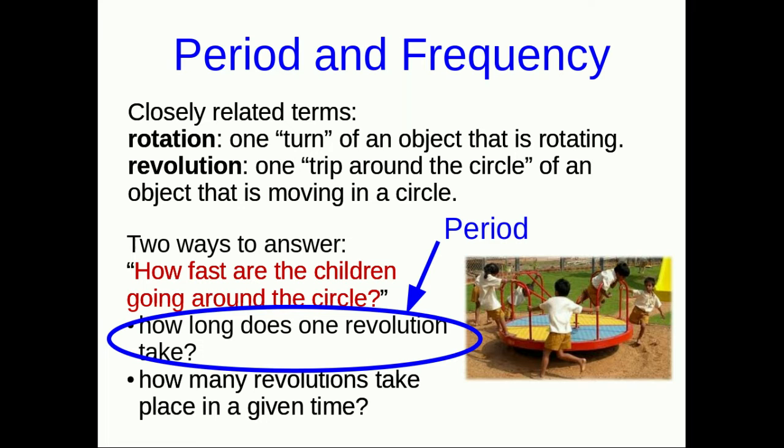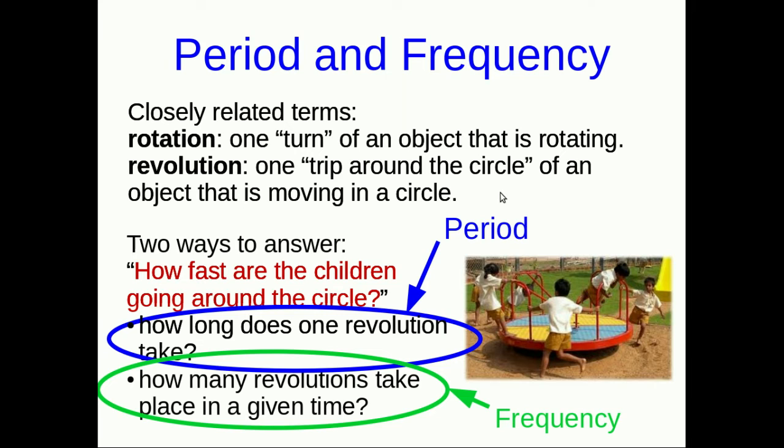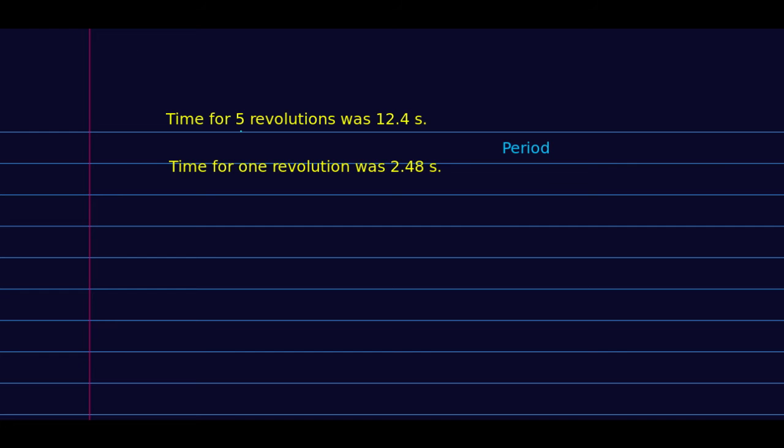But we can also, of course, ask how many revolutions take place in a given time. And we call that the frequency. So we found that the time for 1 revolution was 2.48 seconds, and that is what we call the period. Now let's find the frequency. Remember that the frequency is just how many revolutions there are per unit time.